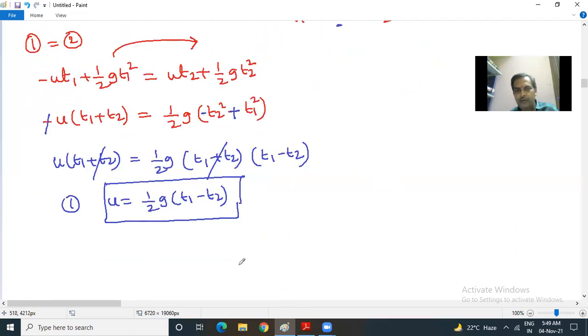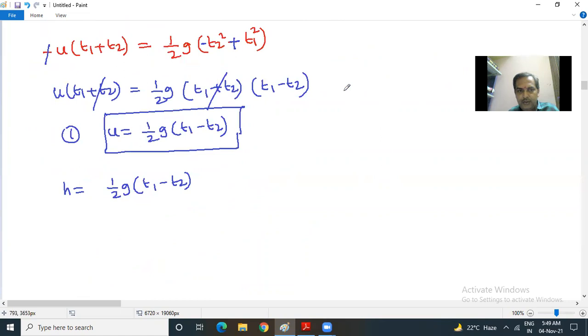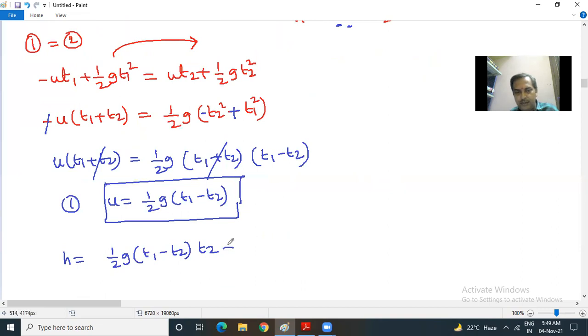This is u equal to. So h is equal to, u is this half g t1 minus t2, but here multiplied with the t2. So this is t2. Along with this, there is half g t2 square.